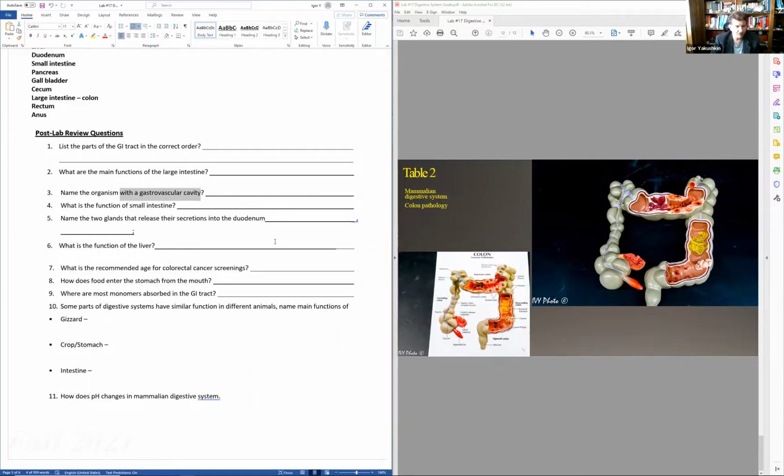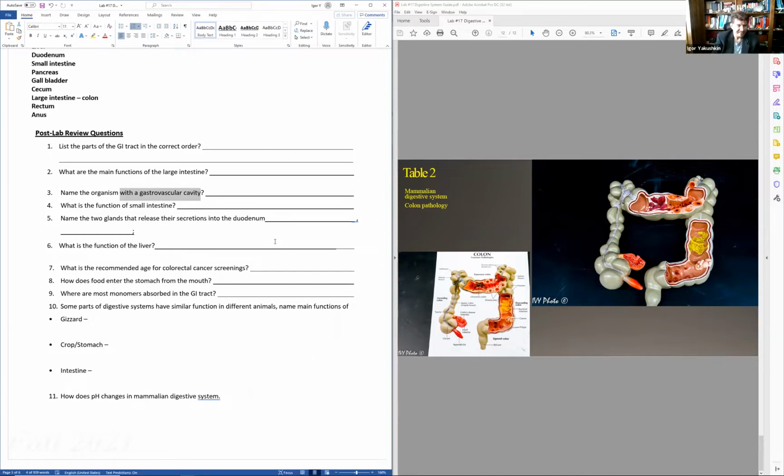What the gizzard is? It's the muscular part of the digestive system in birds, which is masticating the food, breaking it down into smaller pieces to increase the surface area, to speed up the overall digestion.